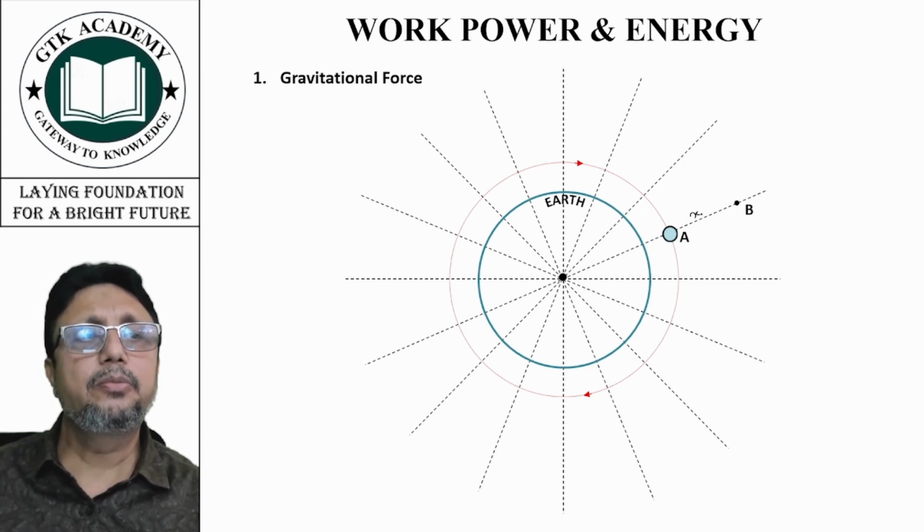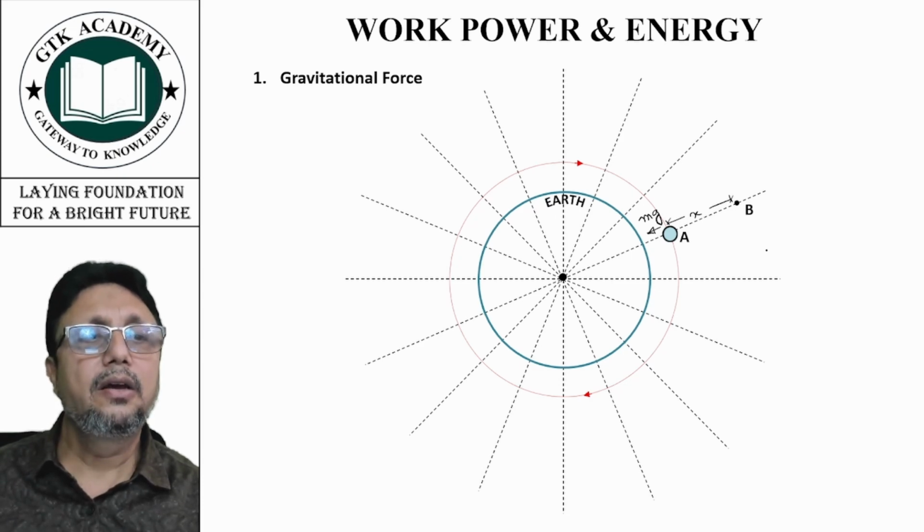Suppose the distance between A and B is x, and A and B are very close such that the value of g doesn't vary between A and B. So the force acting here will be m into g, where m is the mass of the body.